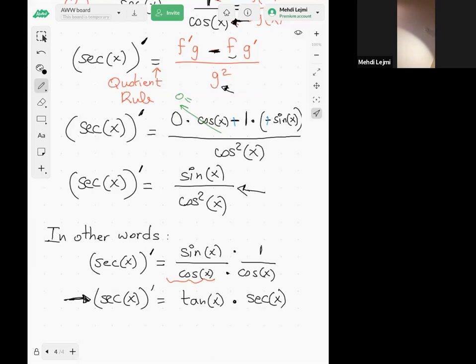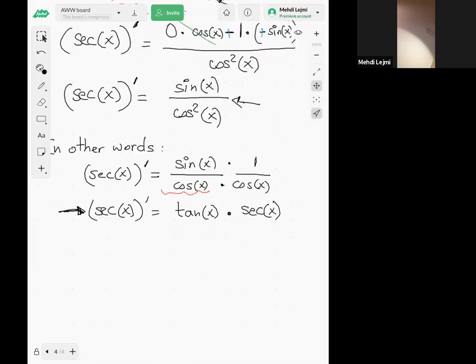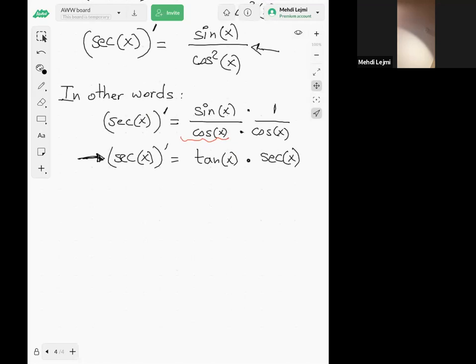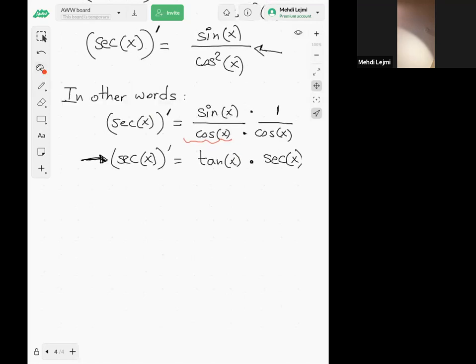So just a summary here, we summarize all the formulas we have: derivatives of trig functions. The formulas that you need to know are the following.